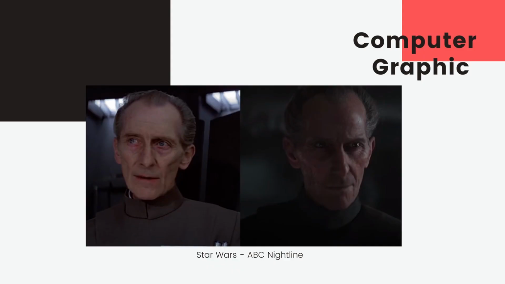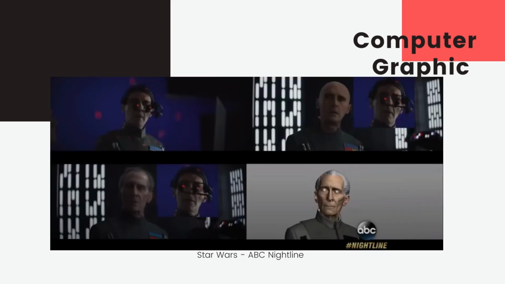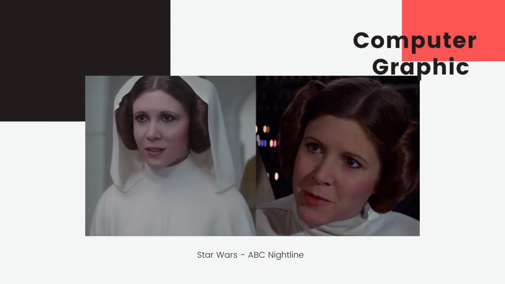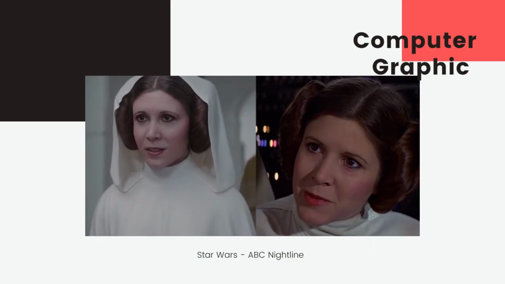And it's interesting when we talk a little bit more that we have Star Wars. Here I have an example, and you see how he changes, and you see how they construct a face. And here we have an interesting position with Princess Leia. Do you know who is the actress, and do you know who is computer graphic? I imagine you know, right? This is the computer graphic.